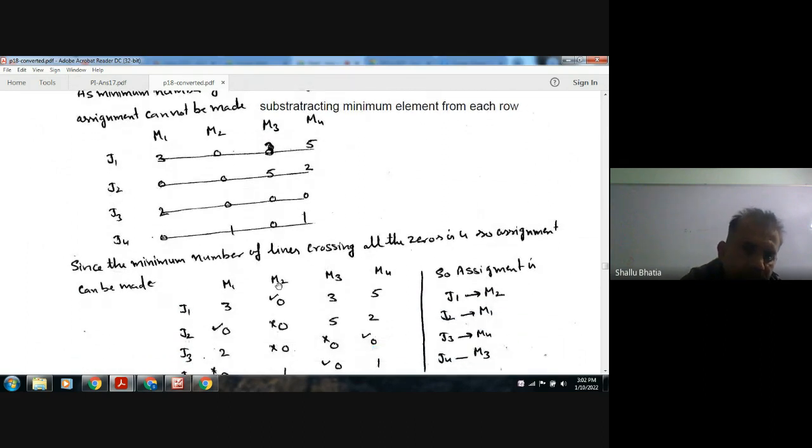Now we can assign the elements. First of all, we assign the first row. J1 will be assigned to the 0, that is M2. J2 can be assigned to M2 or M1, but since we have assigned J1 to M2, we will assign J2 to M1.